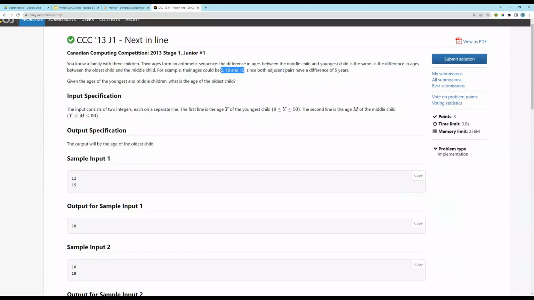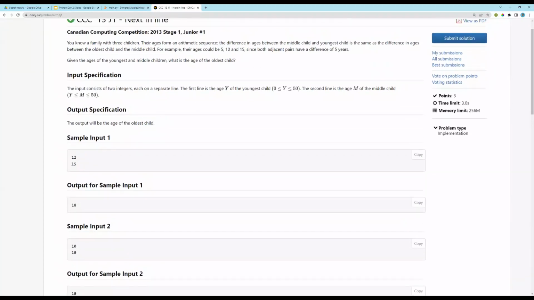The difference between the middle and the youngest child, 5 and 10, is 5. The age gap is 5, which means that the difference between the middle and the oldest child should also be 5, since both adjacent pairs have a difference of 5 years. Given the ages of the youngest and middle children, what is the age of the oldest child?